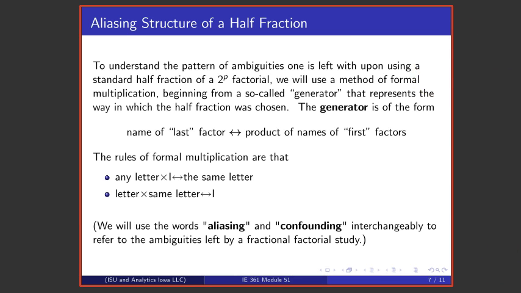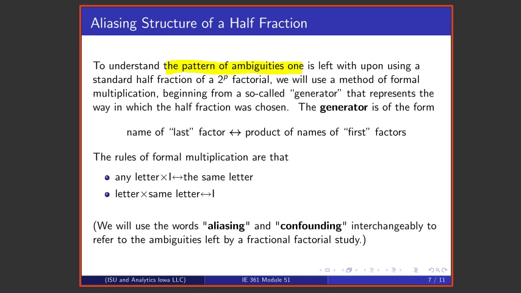That's how we're going to suggest that one makes a half fraction experimental plan. The question then is, if one does that, what is one left with in terms of patterns of ambiguities and confounding, aliasing, confusion of effects if one uses this kind of a method to make the half fraction?